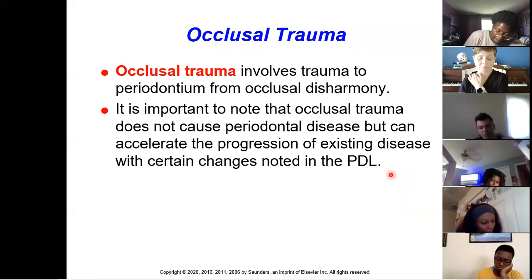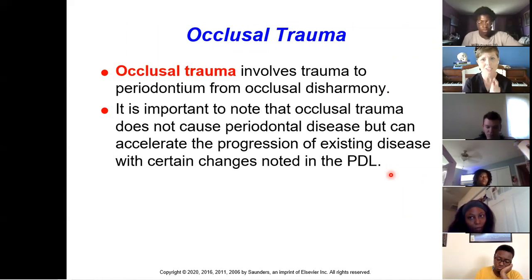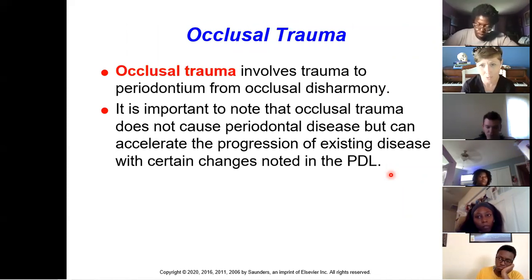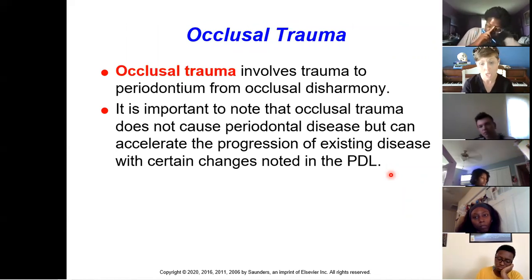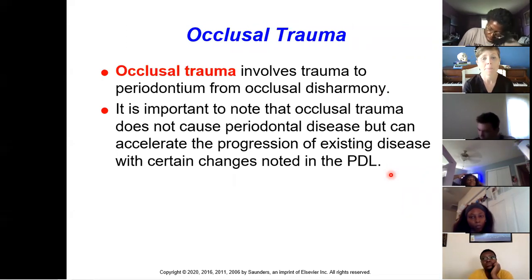Occlusal trauma. I just peer reviewed an article for a friend of mine who is writing all about occlusal trauma and how it could be a causal link to periodontal disease, although it says here it is important to note that occlusal trauma does not cause periodontal disease. We tend to disagree. Her article was very important on that.